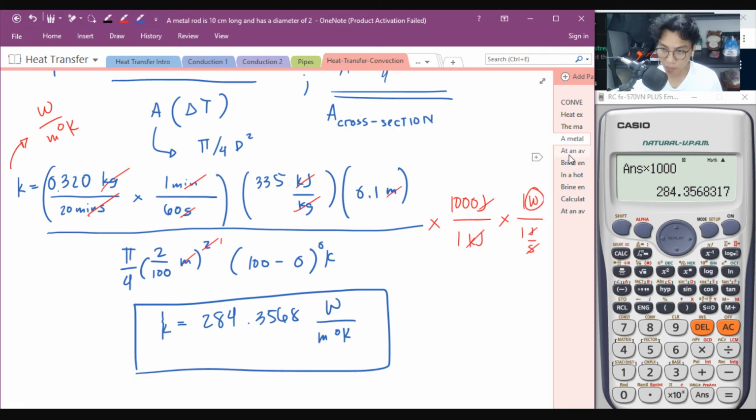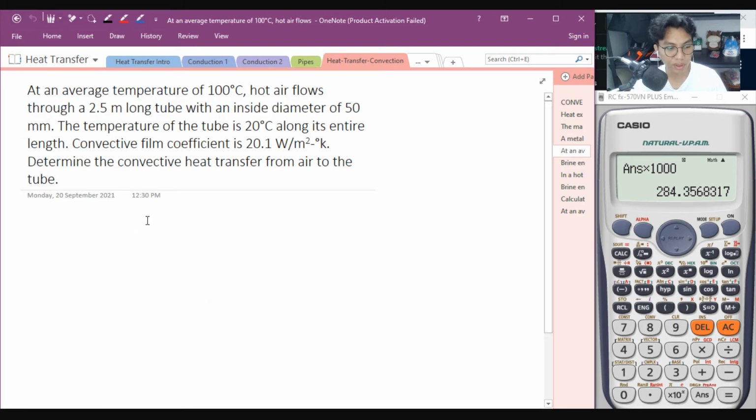Last problem. At an average temperature of 100 degrees Celsius, hot air flows through a 2.5 meter long tube with an inside diameter of 50 millimeters.